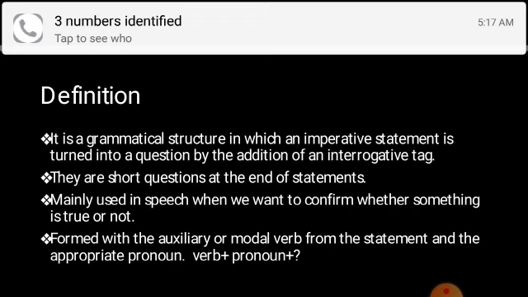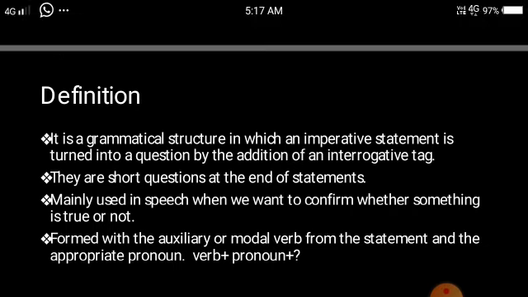That is verb plus pronoun plus the question mark. Once again, we are going to look at only these two examples. It is very cold today, isn't it?